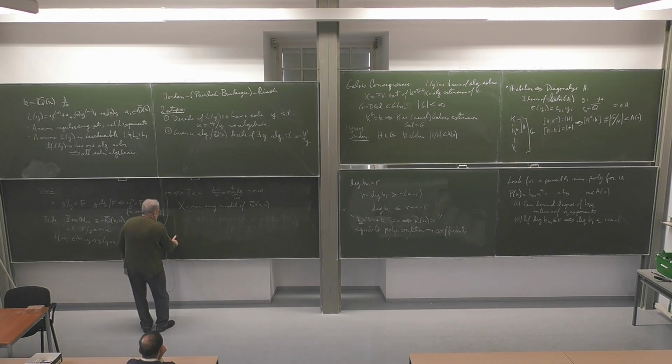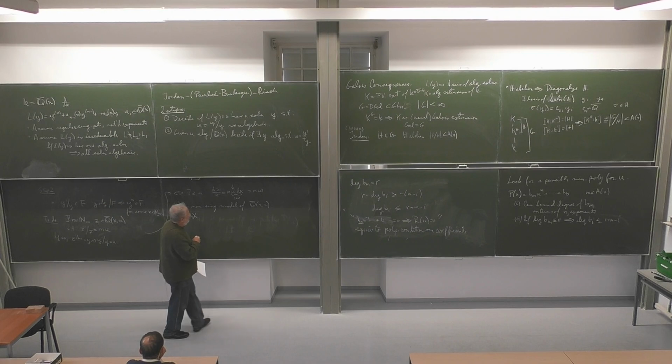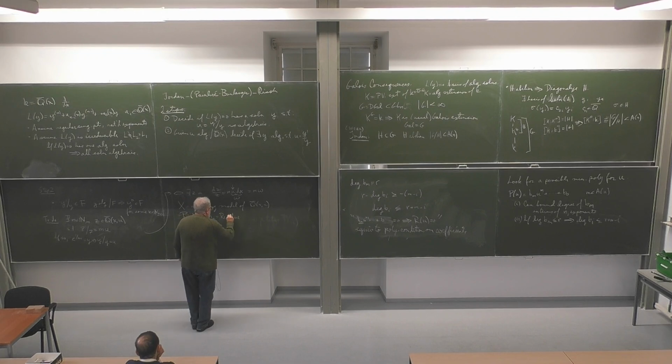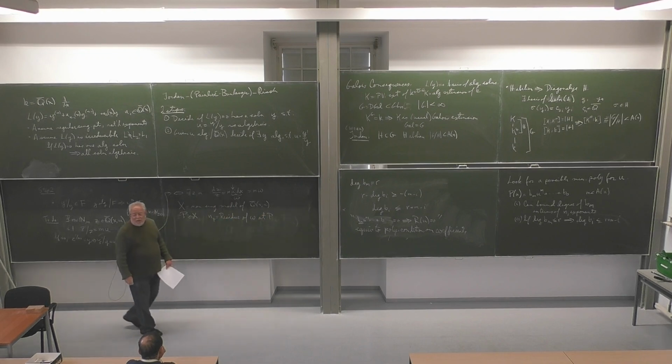And I'm going to take a point P, a point of X, and I'm going to let N sub P be the residue of omega at P. And that's some number.